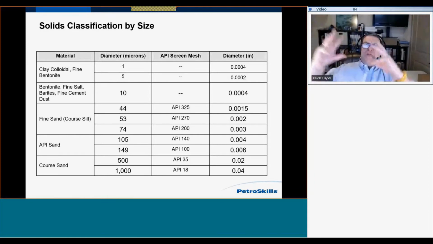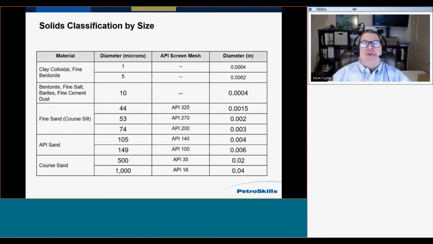And so as we look at this solids classification size, this becomes very important to us when we start talking about solids control, solids removal, moving these out of our mud system. And as I've mentioned, the primary location that we want to move the solids out of our mud system is at the shale shaker, the very first available opportunity.